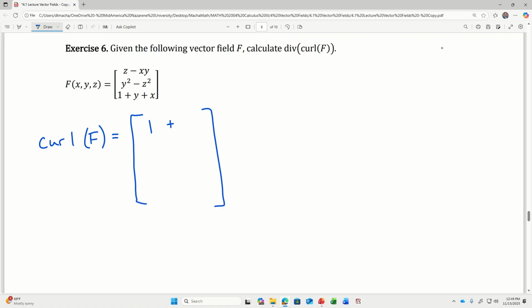Negative 2z. So two negatives makes a positive, and that's my first entry.